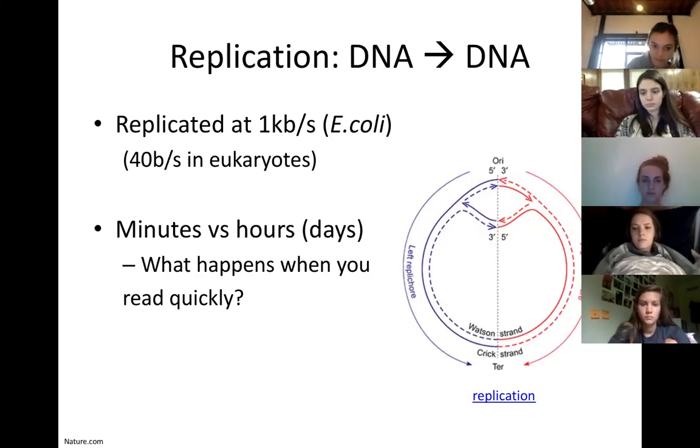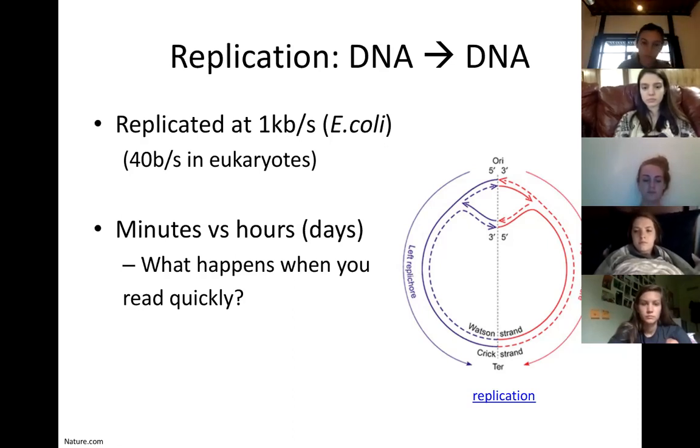All right. And it turns out that the error rate in prokaryotic cells is less than the error rate in our cells. So we make more mistakes, but because they replicate so much more quickly, they have a higher number of individual mistakes, right?